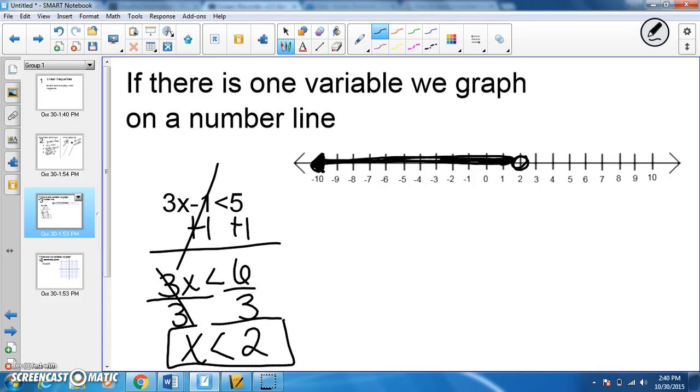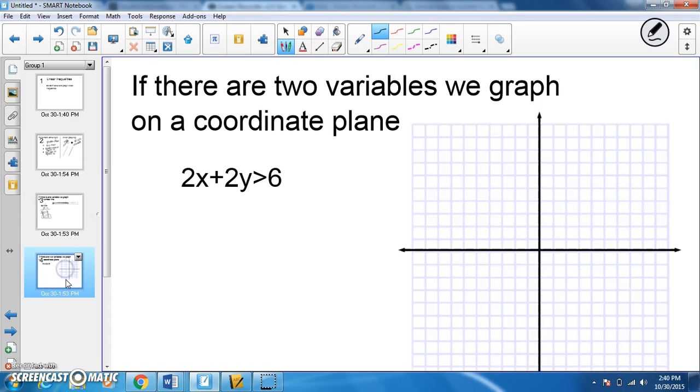So I'm going towards the negatives. So if there's one variable we graph on a number line, unless we are using coordinate planes and solving a system of inequalities, and we'll get to that later. So for right now, if you have one variable, graph on a number line.